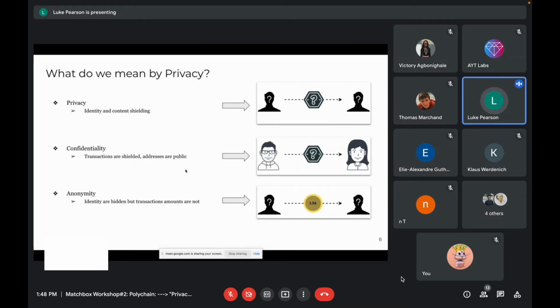The confidentiality is the shielding of this amount or of some transaction, which can be necessary for some in-game economics or necessary to hide the state of where people are on a blockchain. And the anonymity is to hide the addresses, or the two people the transaction goes between, or the state there. So the privacy here is the combination of the two of those. So that's the definition we're thinking about in the blockchain setting.